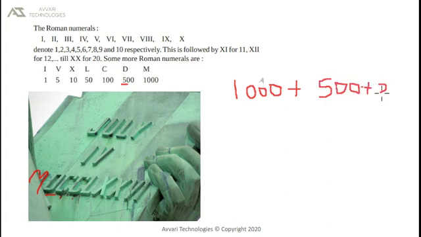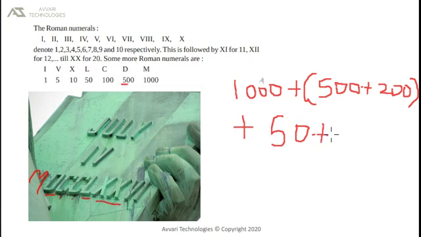So 500 plus 2 C's, that is 200. Then we have L. L represents 50. Right to L we can see 2 X's, which is equal to 20. L X X is equal to 50 plus 20, that is 70. Finally we have 6.